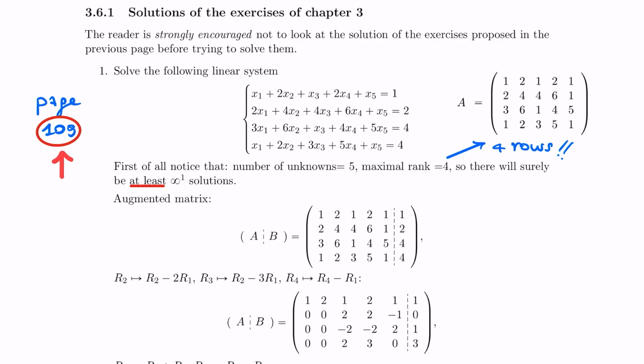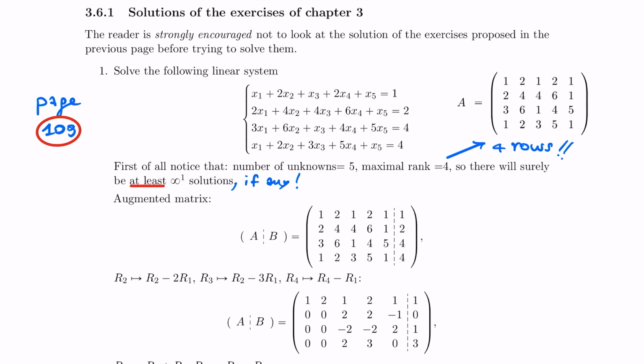We are at page 109, and the first thing that we notice is that the coefficient matrix of the system has 5 columns and 4 rows, hence its maximal rank is 4. However, the number of unknowns is 5, hence if the system is solvable, there will be an infinite amount of solutions with at least one free parameter.